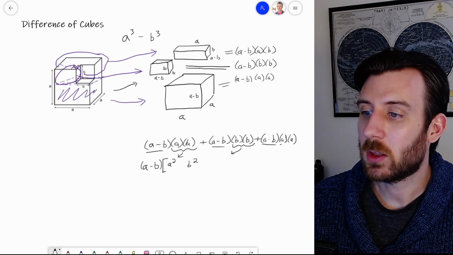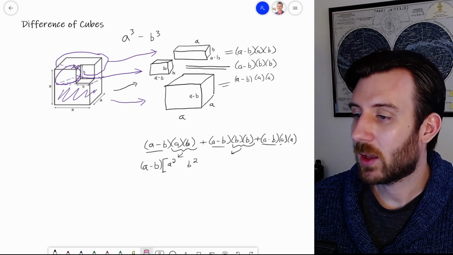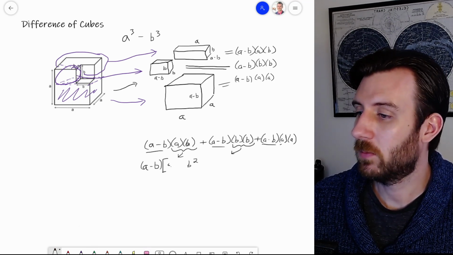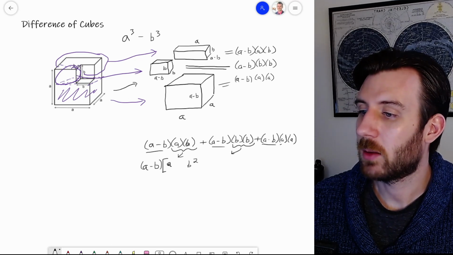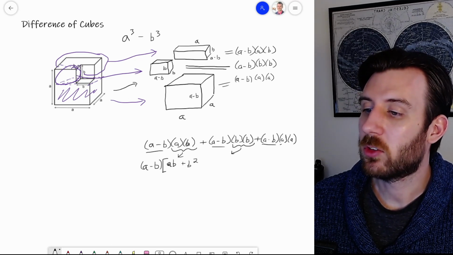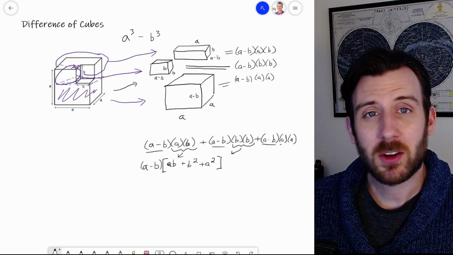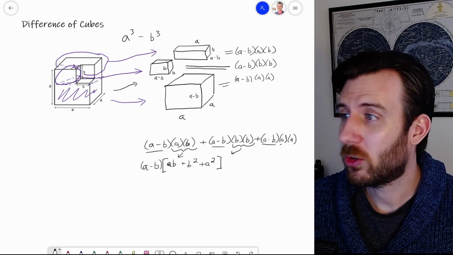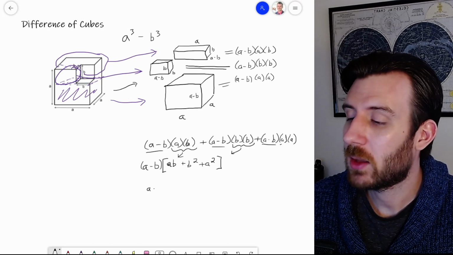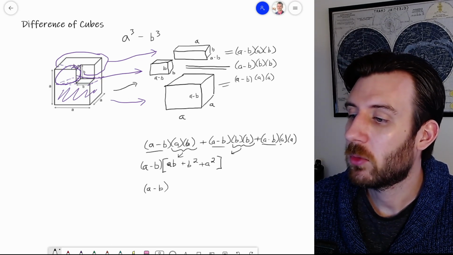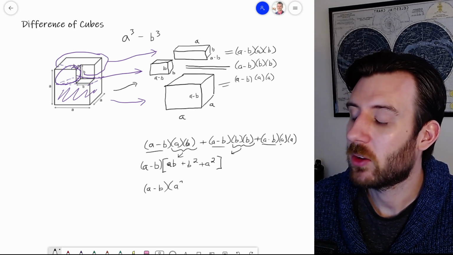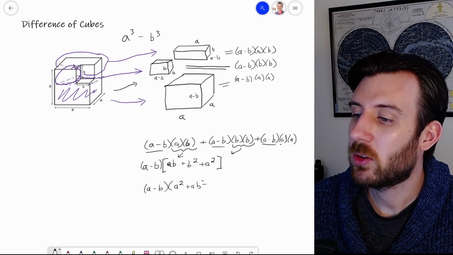This one should have been B. There we are. So this would be an A times B in the first. A times B, a B squared, and an A squared. If you rearrange this a little bit, you'll get what's normally referred to as the difference of cubes formula. A minus B times, and we'll make this alphabetical, A squared, AB, and B squared.